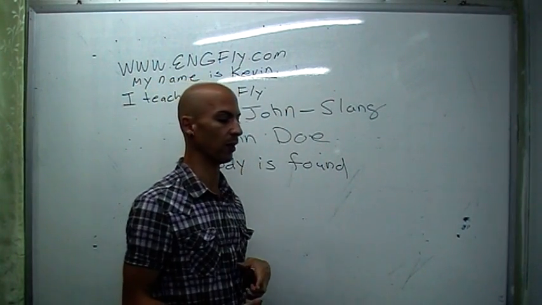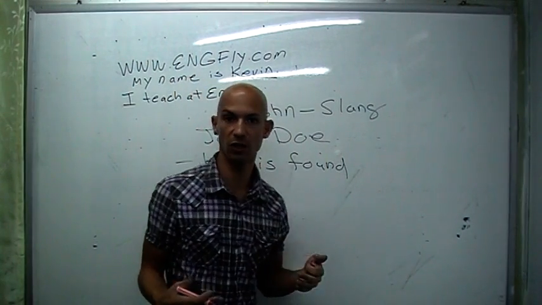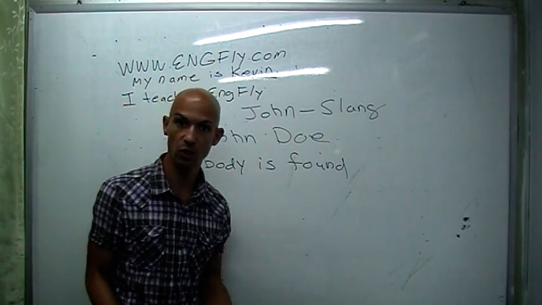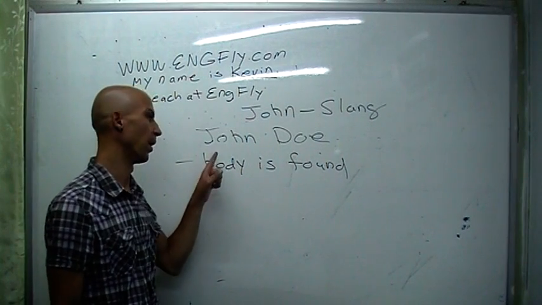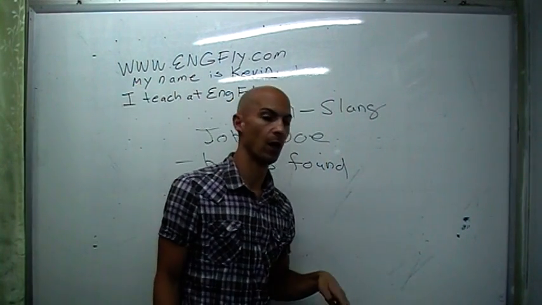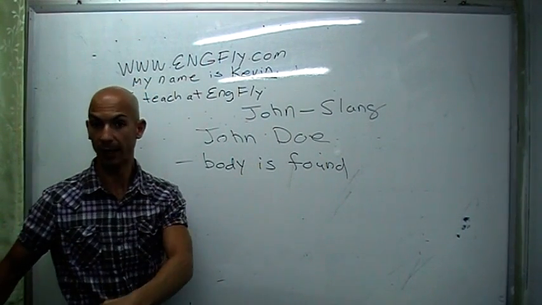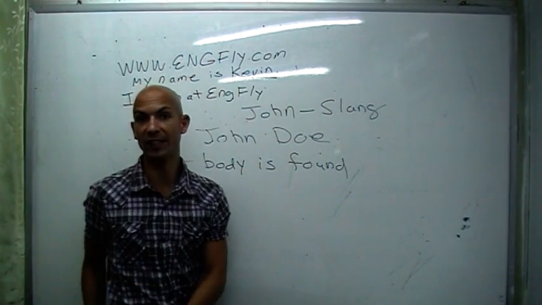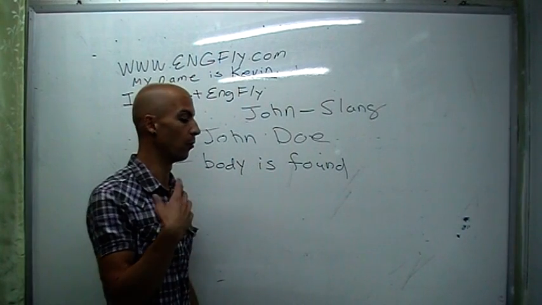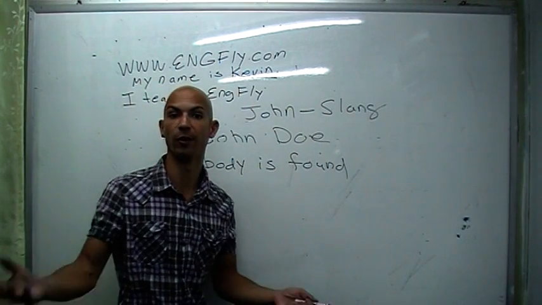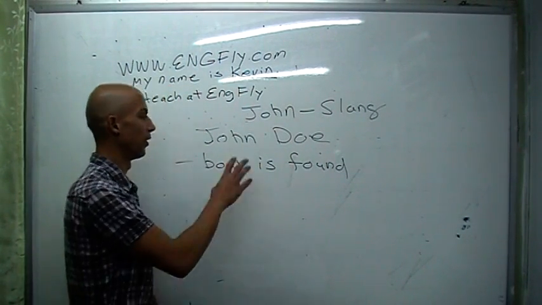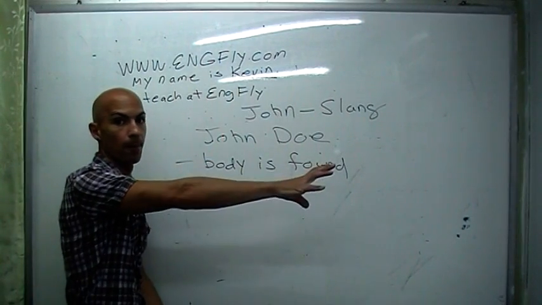Or if someone is so sick that they're not conscious and there's no identification on this person, they'll call this person John Doe. Usually, when a body is found, a dead body, with no ID, no identification, until they can figure out who the person is, they will call this person John Doe.